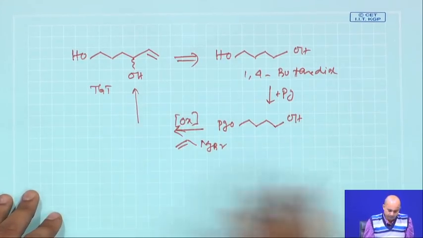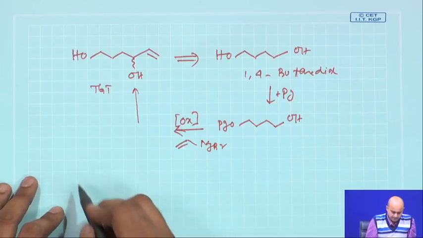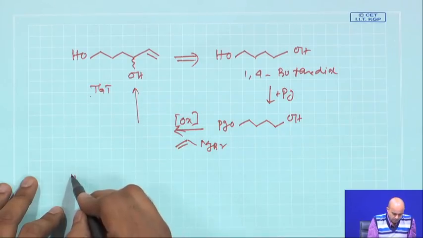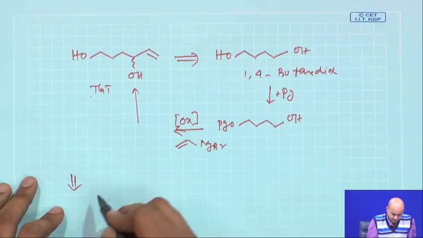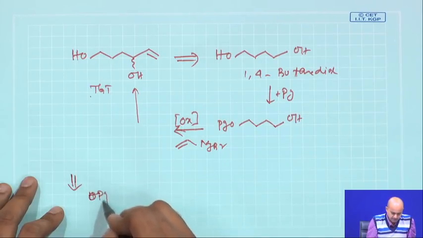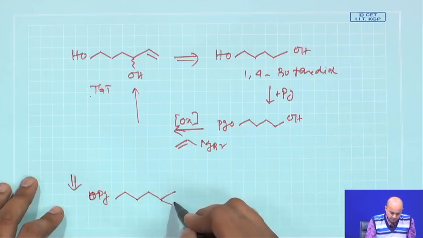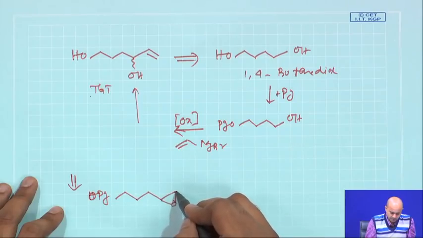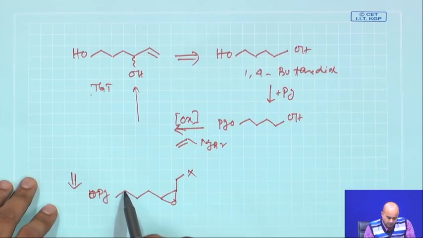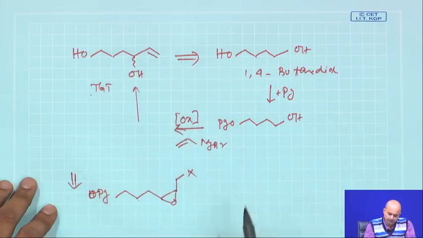Fine. Now, if there is any other way to do it, let us try to formulate another way. Take this target molecule and do a retrosynthesis. I will put an OPG here. Try to count the carbons: 1, 2, 3, 4, 5, 6, 1, 2, 3, 4, 5, 6.